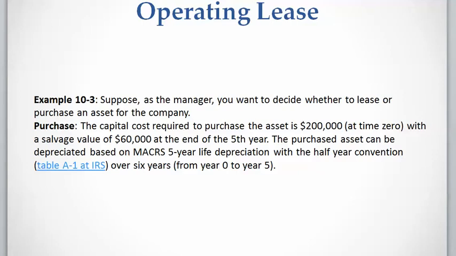The salvage value is going to be $60,000. This asset is going to generate revenue of $100,000 from year 1 to year 5. The asset is depreciable using MACRS 5-year, half-year convention. So depreciation can be applied in the table from year 0 to year 5.